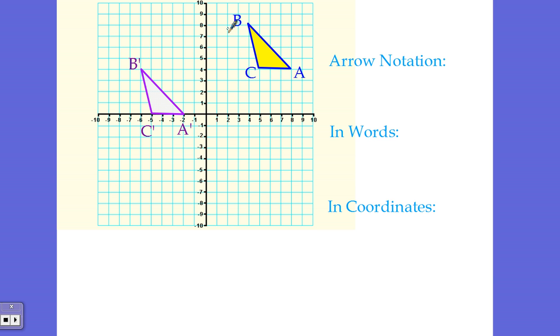Let's try one more. You can see that regular A, B, and C is here. That's our pre-image. And all our primes are to the left. That's our image. In words, let's pick a point and see exactly how far we went. Now from B to B prime, this time we went left and down.